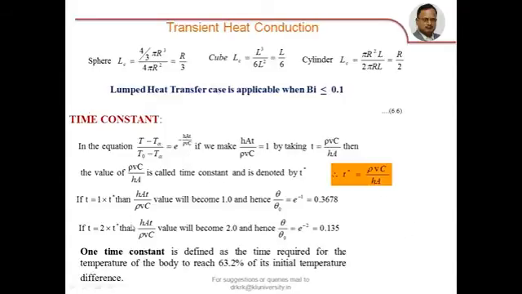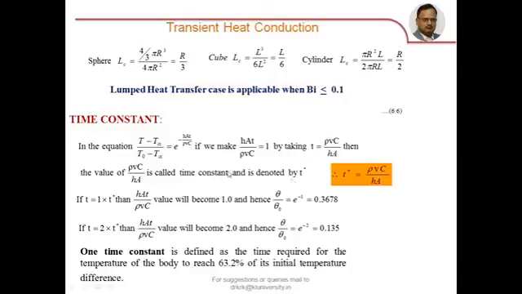If t is equal to 2 times t star, what is the t star value? Rho V C by hA. Now I am substituting 2 times rho V C by hA. If I substitute t equal to 2 times rho V C by hA, then it becomes e power minus 2, and it goes on like that.